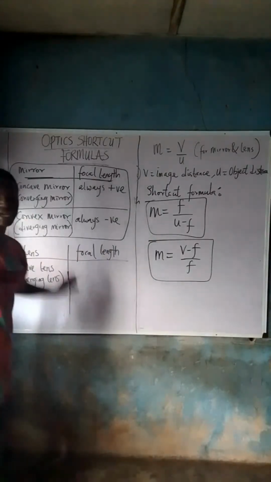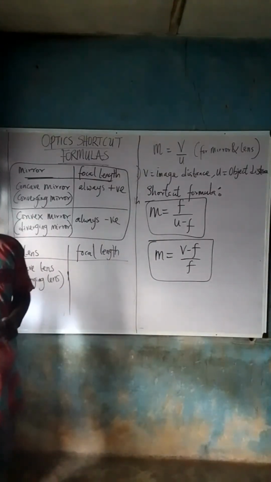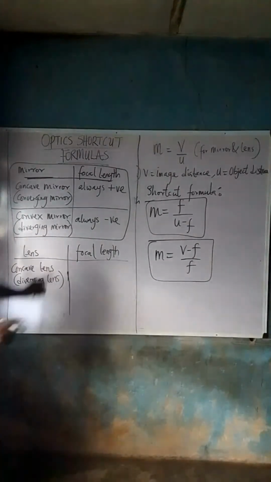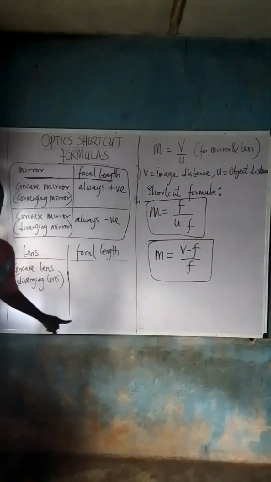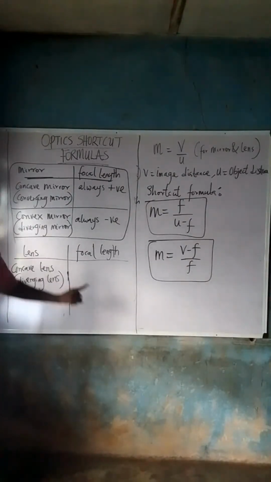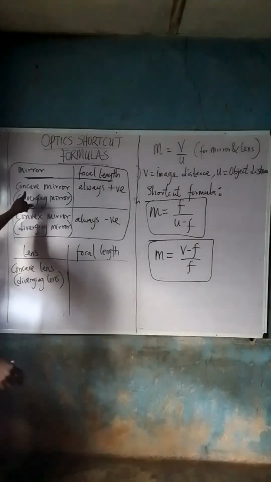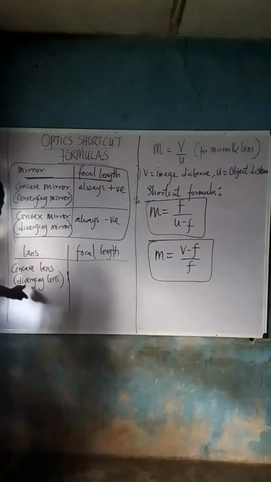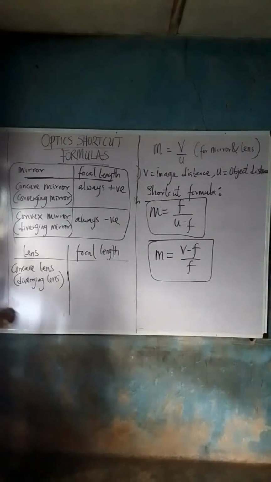So you need to master it with ease, so that when they say an object is placed in front of a diverging lens, you should not say it's a convex lens, but rather you say it's a concave lens. So concave mirror or converging mirror, concave lens or diverging lens. Take note of that.